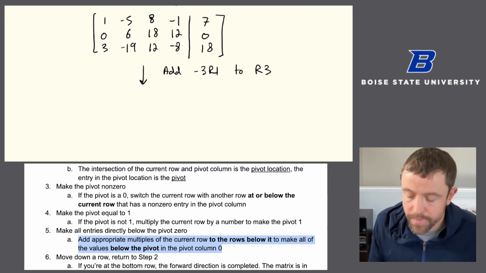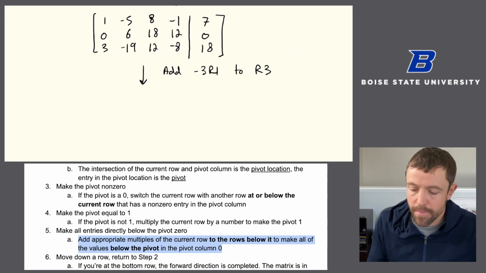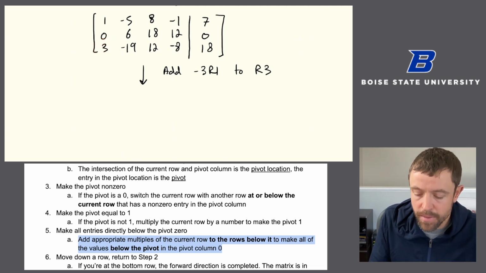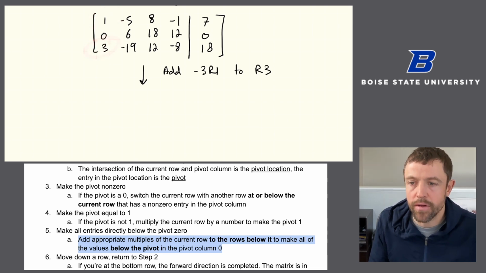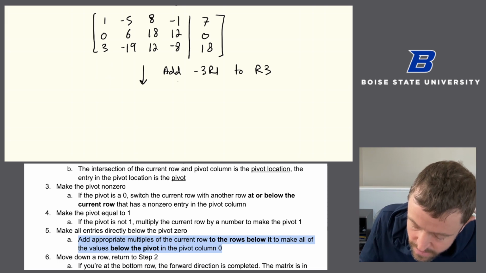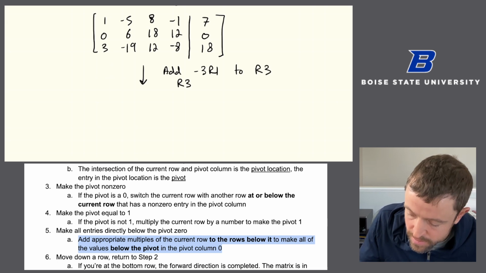to row 3. I'm starting to abbreviate a bit more, and soon we'll get to the point where I'm just going to write things as our shorthand notation to save time. But the idea here is that we'll get rid of this 3, right? Because -3 times row 1 will have a -3 here, and then when I add that to row 3, I'll cancel out that 3 and get a 0. So here my notation is row 3, or let's write it like this.